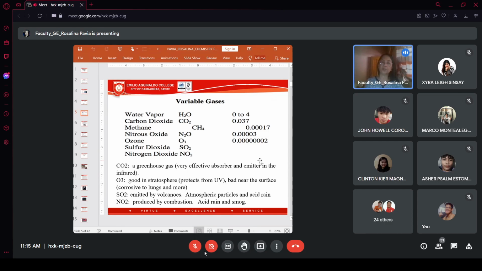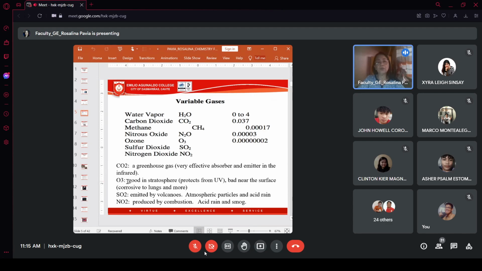Instead na mag-bounce back sa atmosphere yung heat, since napakadami ng carbon dioxide, the tendency is mag-stay yung heat sa surface ng Earth that will cause global warming. That is why we are encouraged to reduce our carbon footprints para hindi tayo makapag-produce ng too much carbon dioxide. Kaya tinawag siyang greenhouse gas.